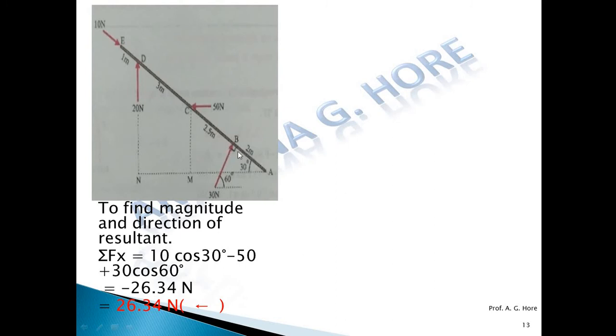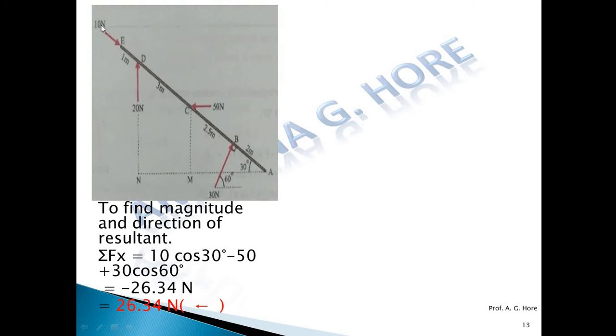Now observe the diagram. This force is acting at right angle to this bar AE, and if this is 90, this angle given in the numerical is 30. So if we consider this triangle, this angle is nothing but 60. So we get the angle of this 30 Newton force at point B.